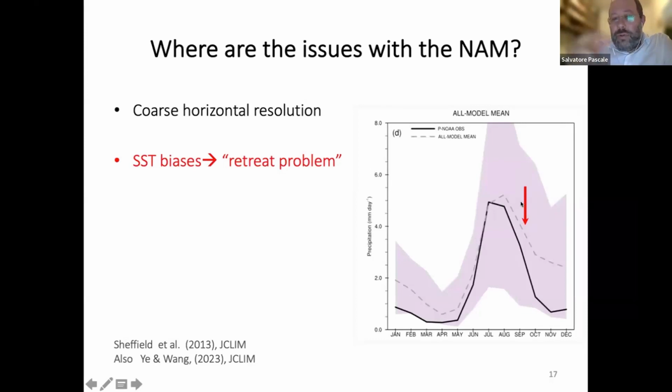The retreat problem means that these models overestimate precipitation in the late part of the season, in the retreat phase of the monsoon. A number of studies, amongst which I want to point out the very recent one by Yan Wang, managed to identify the biases which cause this retreat problem, and they are biases especially over the Pacific Ocean.